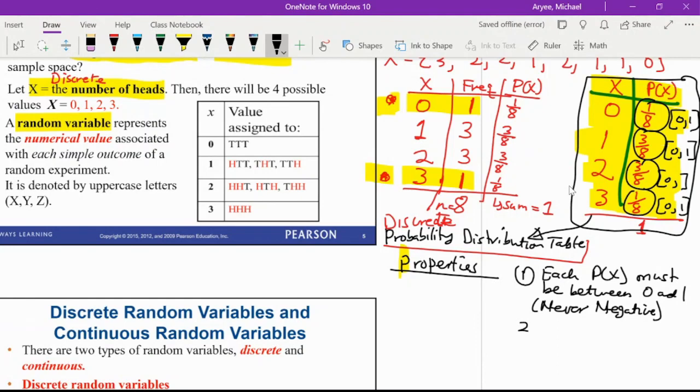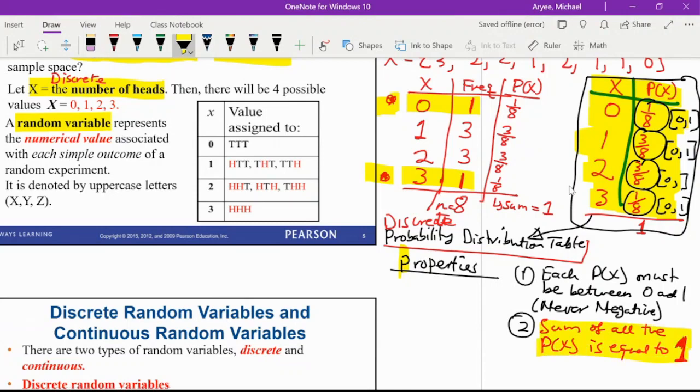The second thing that is very unique about a probability distribution is that the sum of all the probabilities is equal to 1. Now, this is very, very important.